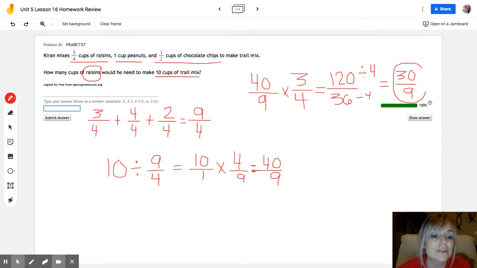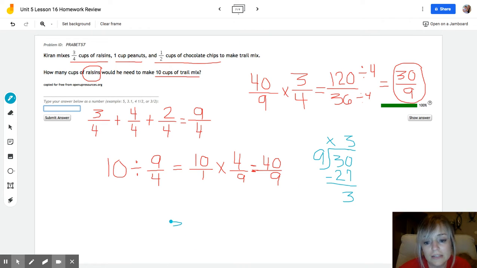Okay, so that's what worked. 30/9. You could have also taken this and changed it into a mixed number by dividing. 30 divided by 9 would be 3. 3 times 9 is 27, and I'm left with a remainder of 3.